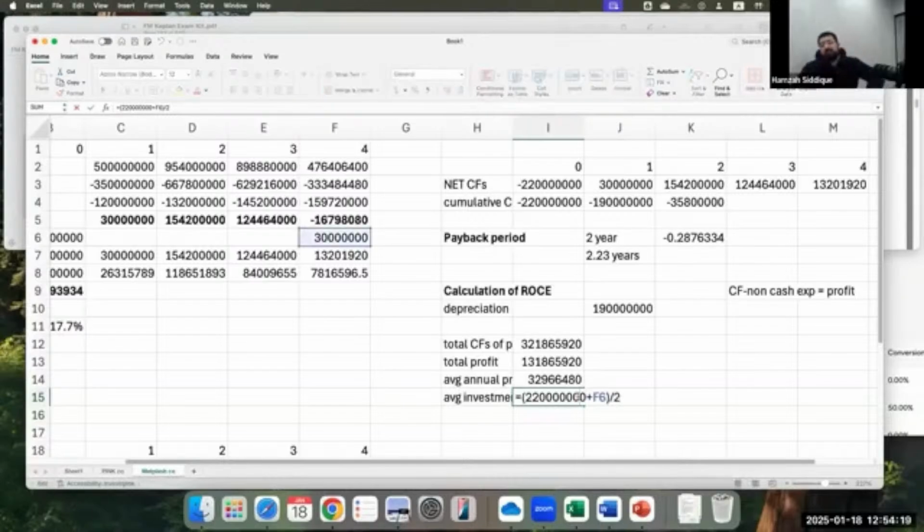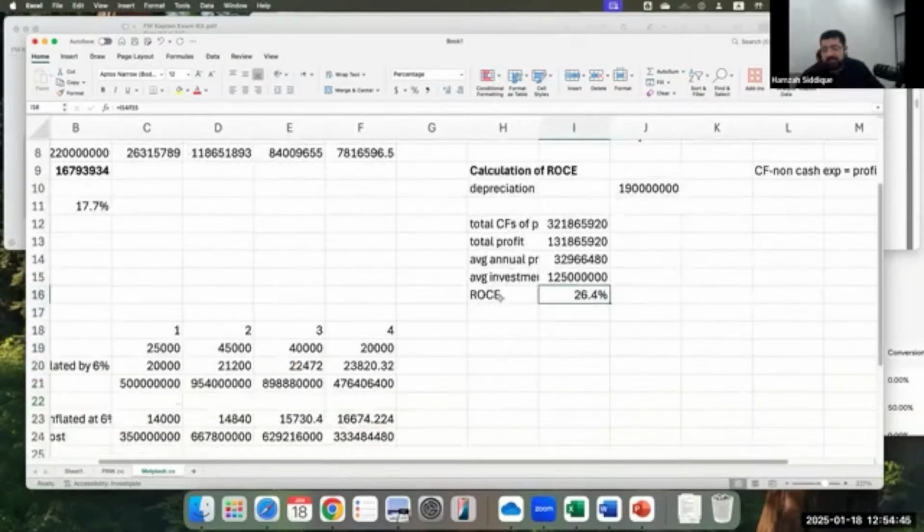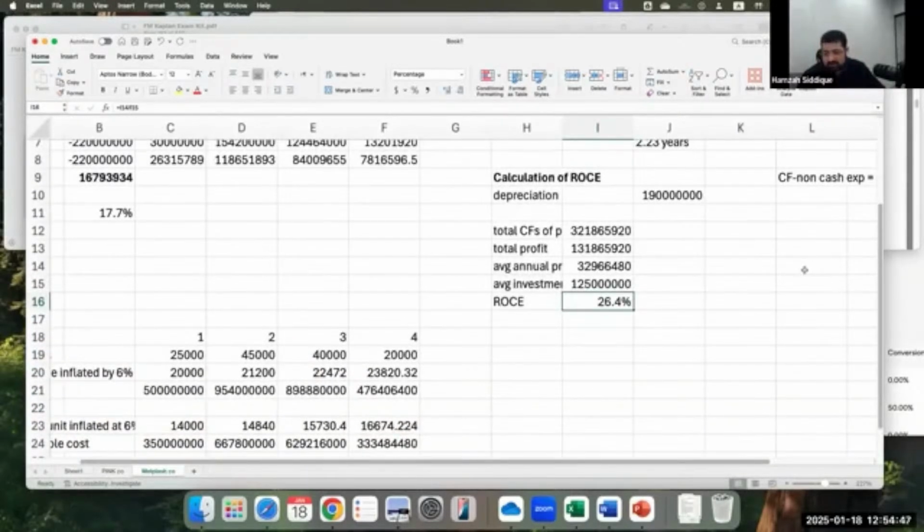So ROCE, ARR, average annual profit divided by average investment, 26.4%. That is the second question we are doing today. So now they say whether it should be accepted or not.